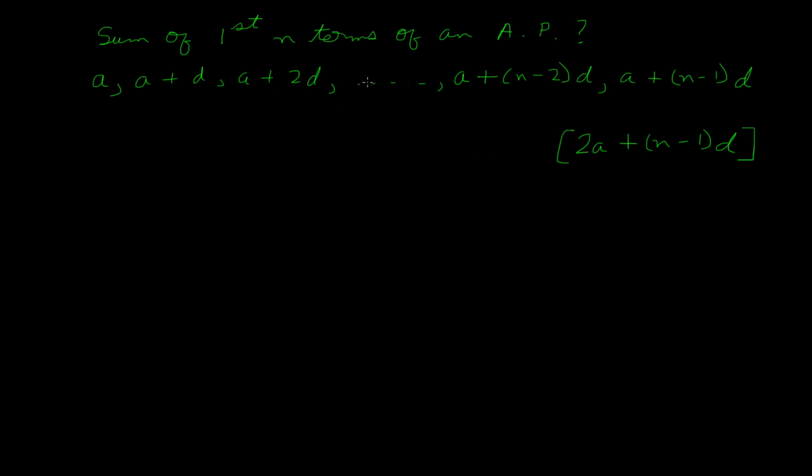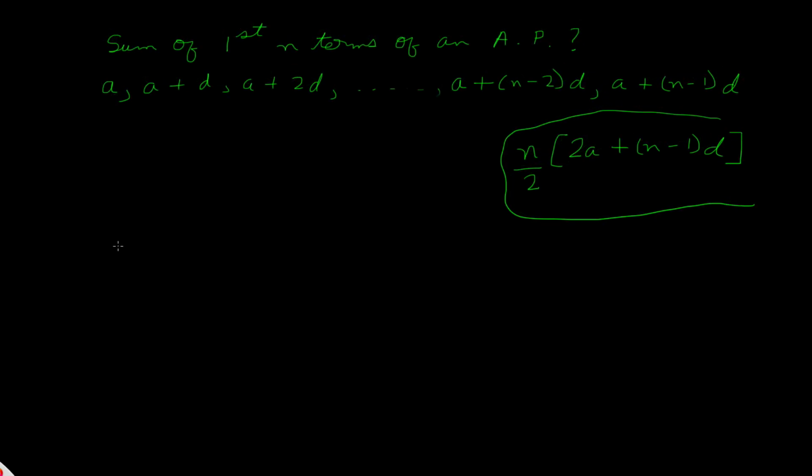Half the number of times, because till the time you reach the middle term, you would be adding that term with its counterpart, and you would get 2A plus n minus 1 times D. So the answer would be, we are adding 2A plus n minus 1 times D n by 2 number of times. So this would be the answer.